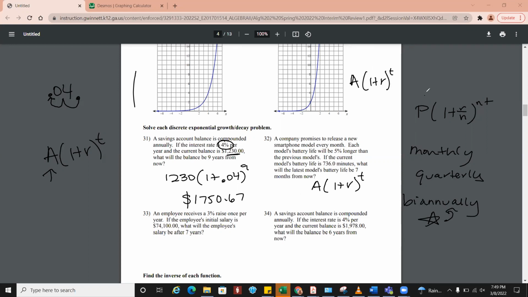You'll deal with this kind of stuff in AMDM, or in loans and that kind of stuff. So if I'm plugging in this question, that's going to be 736 times (1 plus 0.05), and we're going to raise that to the 7th power. Then you'll plug that into your calculator and it'll be in minutes.